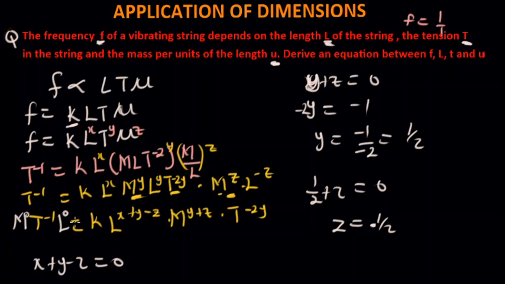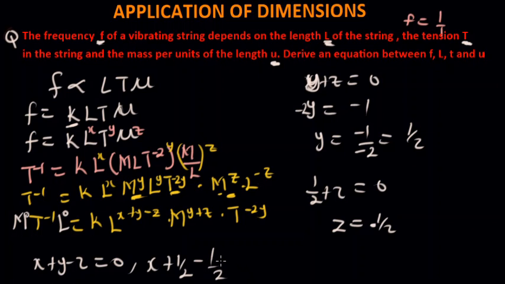Now let's do for the last one, this one. So now we know y and z, and we want x. But before then, let's put in the values. So we know that y is half, so plus 1 on 2, and then this one is negative, so negative 1 on 2.